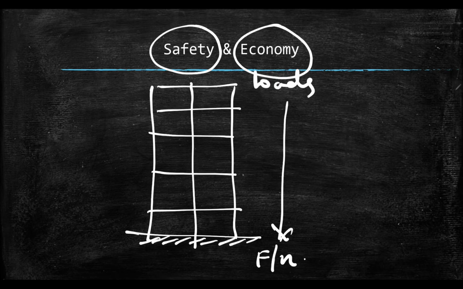You can't compromise with safety as well as with economy. Of course, various methods are available to achieve near 100% safety, and the skill of a civil engineer or structural engineer depends on how economic you make the structure. That is the main thing we need to achieve. You can't compromise on either of these two things.